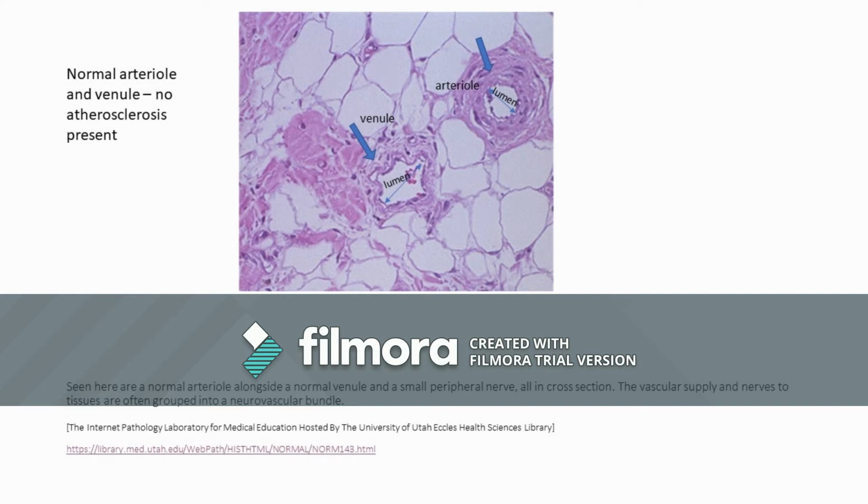As you can see, the arteriole is much thicker and has thicker layers of smooth muscle, and the venule is more collapsed in appearance and has a larger lumen. And oftentimes there's a nerve adjacent to the arteriole and the venule in a neurovascular bundle.